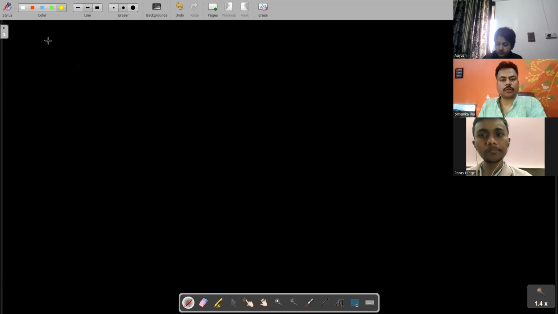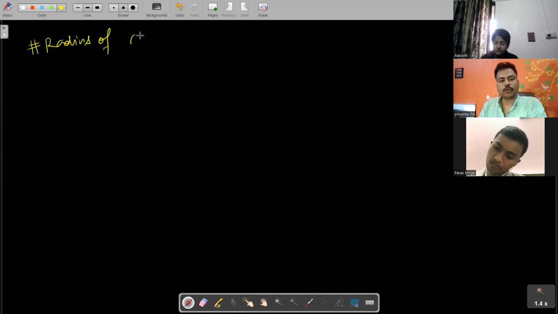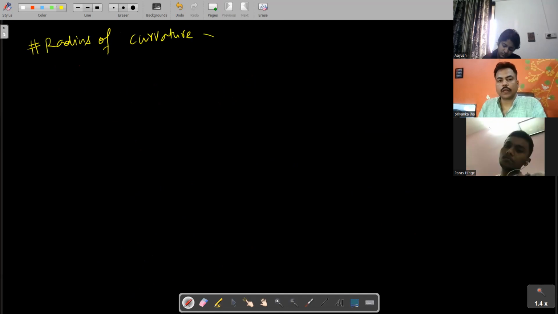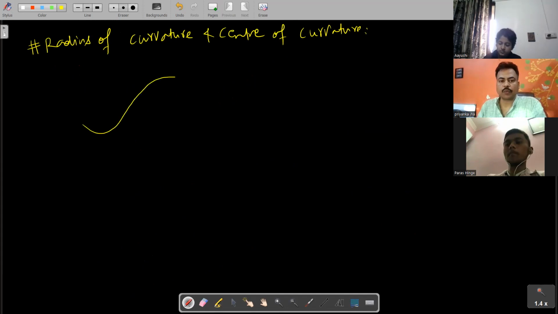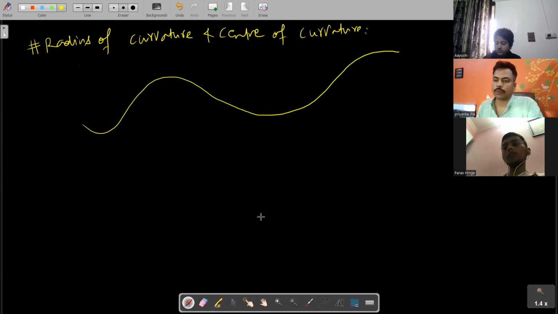Now there is one term, radius of curvature, and center of curvature as well. Suppose any ball follows this kind of path.